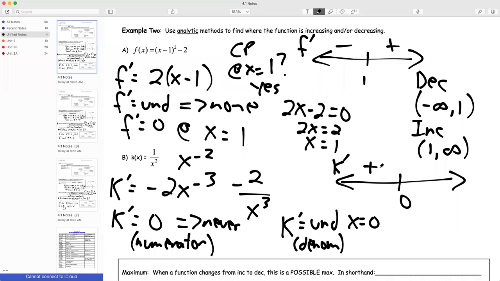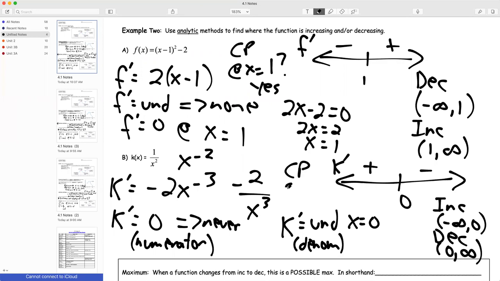Then I'm going to pick a point on the other side of 0. Let's say 1. And I'm going to plug in 1. That's going to give me negative 2 over 1, which is negative. Therefore, I can say that this is increasing from negative infinity to 0. And it is decreasing from 0 to infinity.